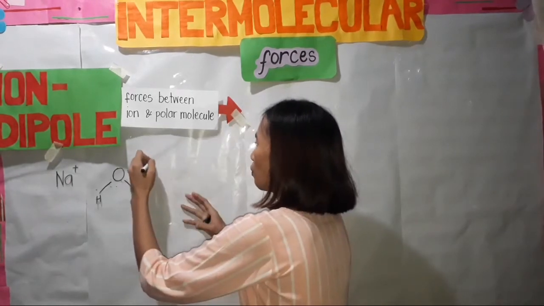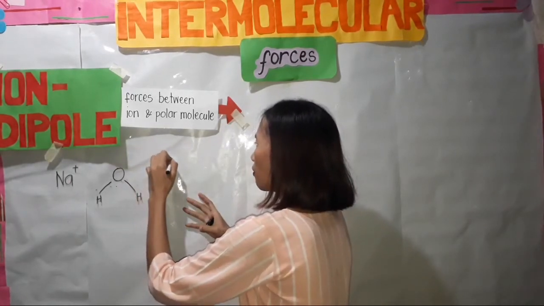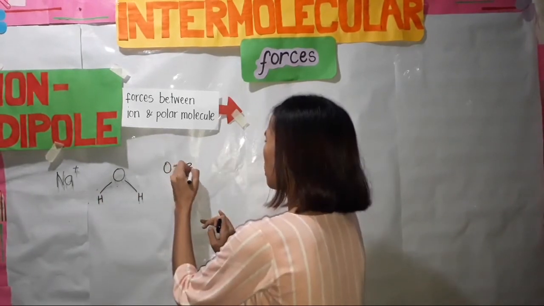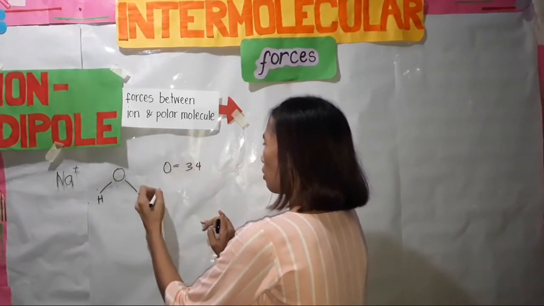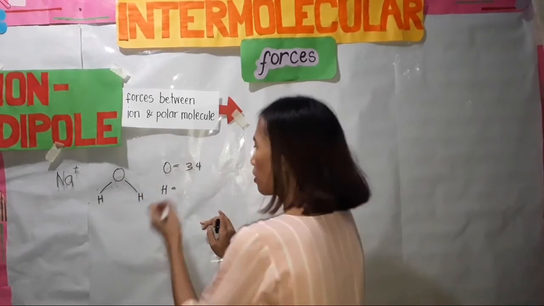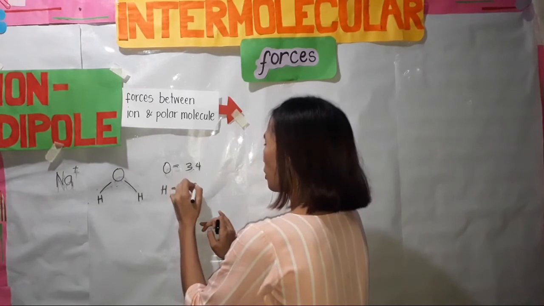Okay, class, what is the electronegativity of oxygen? Very good. It is 3.4. How about hydrogen? What is the electronegativity of hydrogen? Very good, it's 2.2.